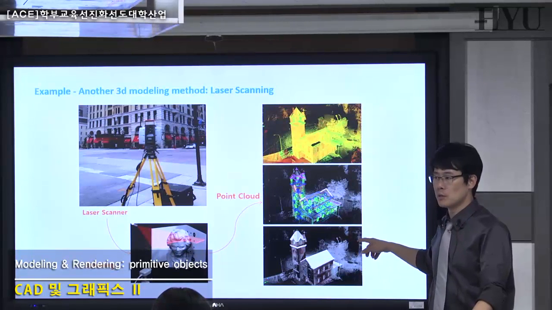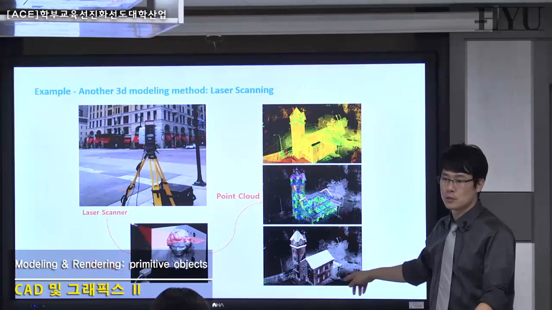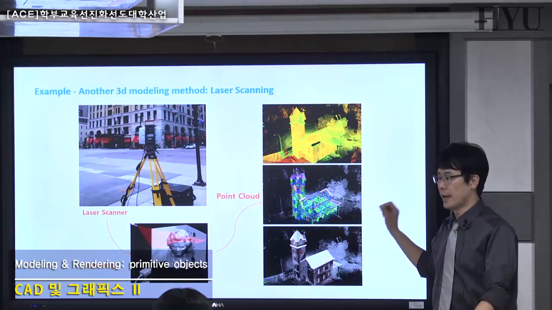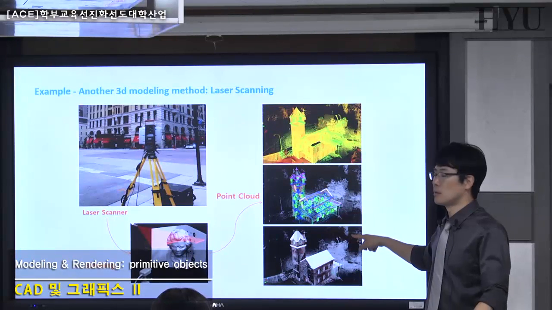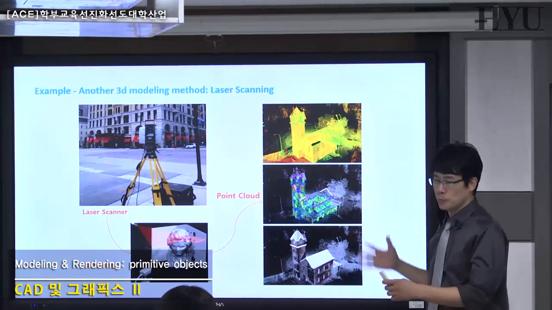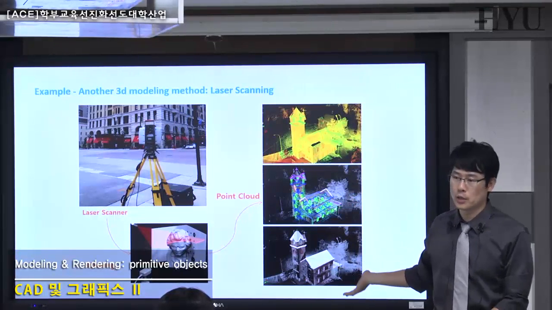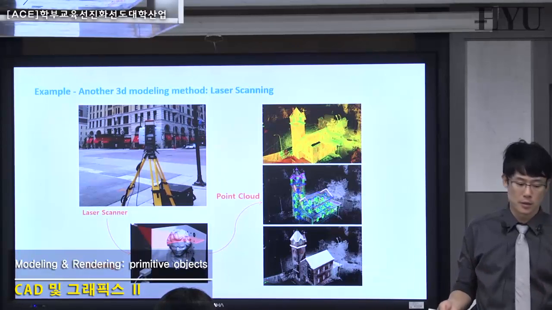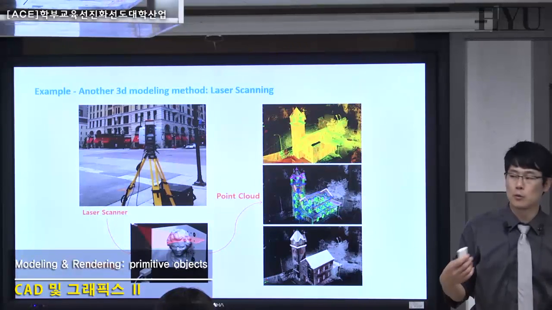Thousands, millions, sometimes billions of points, okay? Each point has an X, Y, Z coordinate. In other words, all these grouped points, the so-called point cloud, can generate a 3D object very precisely for an existing object or existing building.